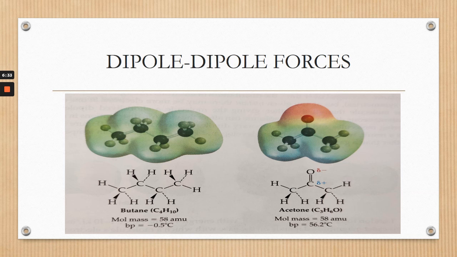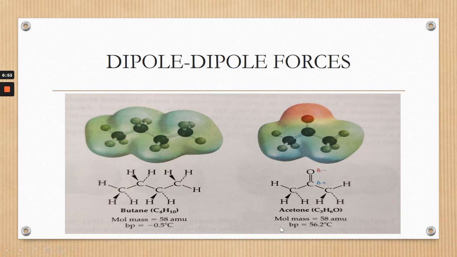It has the same molecular weight as butane, 58 grams per mole, but the boiling point for acetone is 56.2 degrees Celsius.